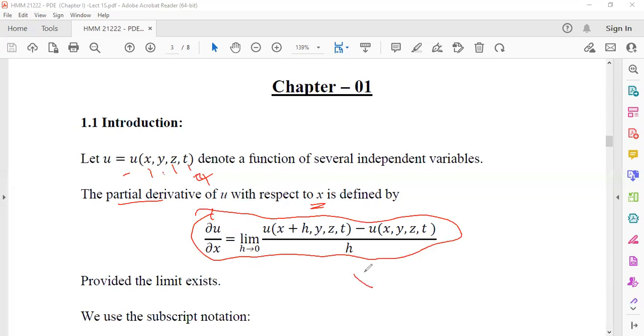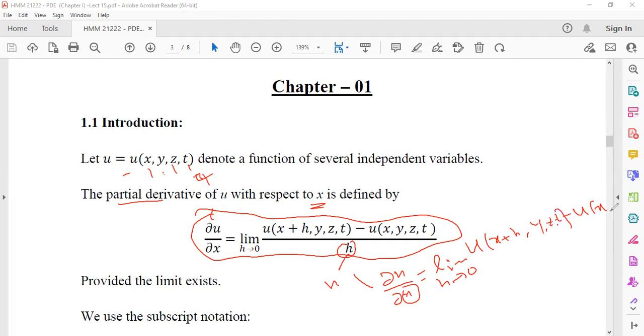It means daba u over daba x. If it is daba, only x we are considering. See the differences? For the limit, instead of delta x, they are taking h. Only x is changing here: here x plus h, here x. All the other terms we are taking as constant.